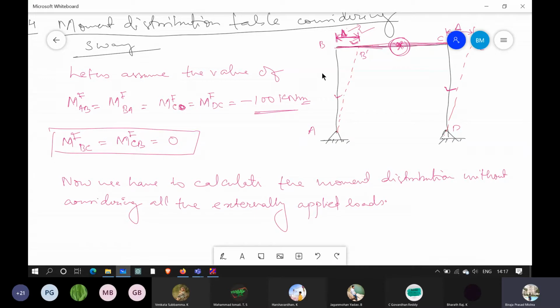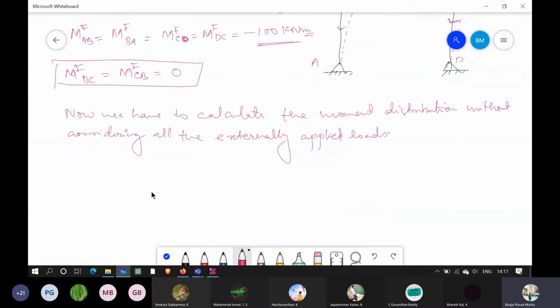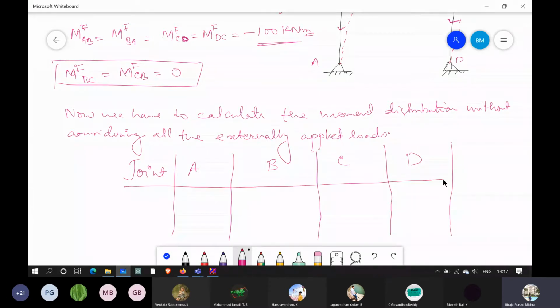Okay, so let us do that distribution table. So for the distribution table, what are the things? The first one is joint, then it is A, this is joint B, this is C, this is joint D. The next one will be member.